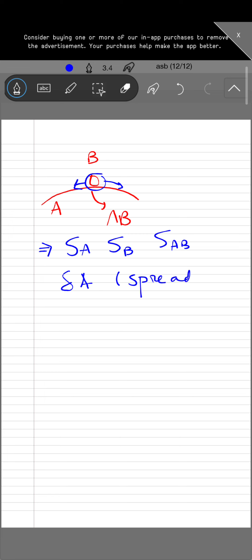As dA increases, there will be a change in potential energy as well, dE, and that dE will be equal to the surface tension, sorry, these are not surface areas, these are surface tensions.